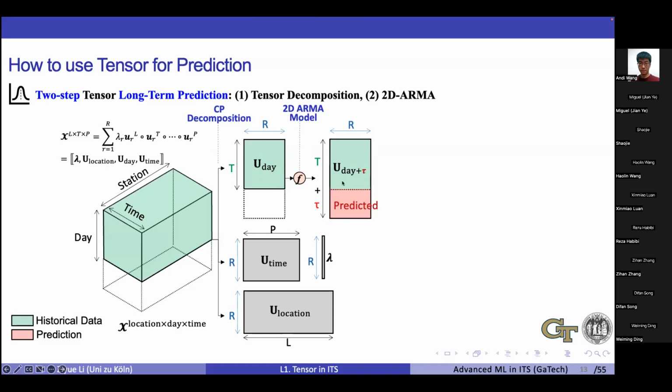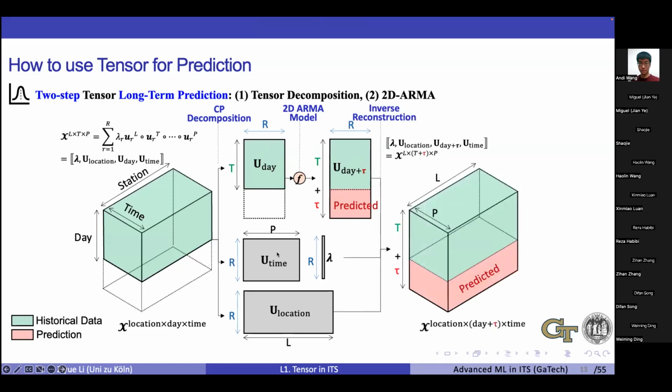And once we get this extended matrix on the day dimension, we multiply it with the original U time and U location to get a new tensor. And in this new tensor, along the day dimension, we have additional tau steps.